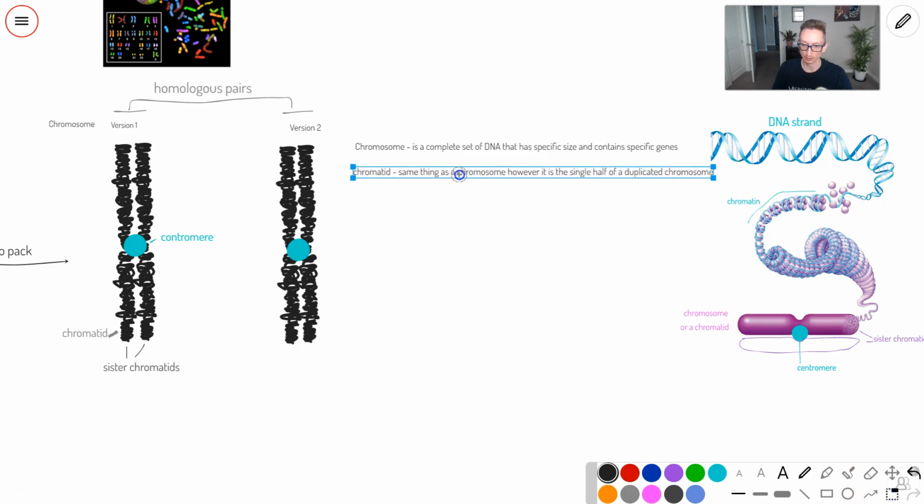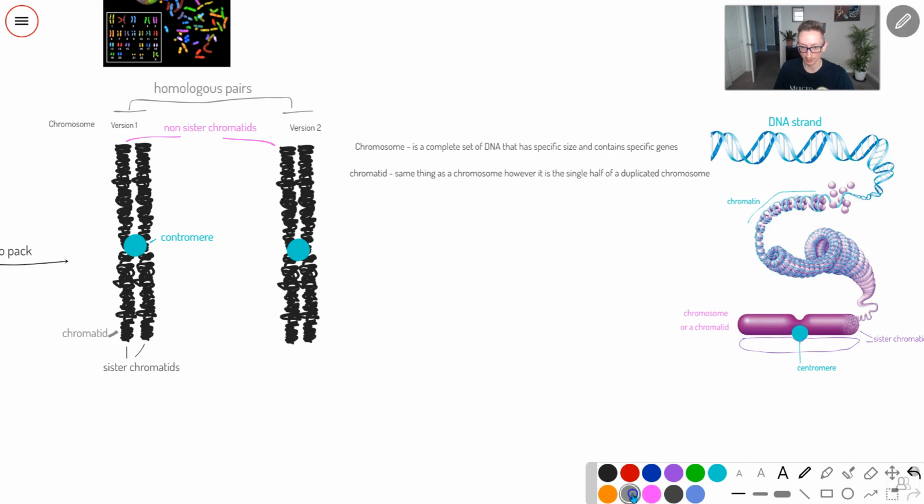Also kind of a weird definition, right? This whole thing is not a chromatid. Only this is a chromatid. And these two chromatids are sister chromatids. This one and this one would be non-sister chromatids. They contain different versions of the same traits.